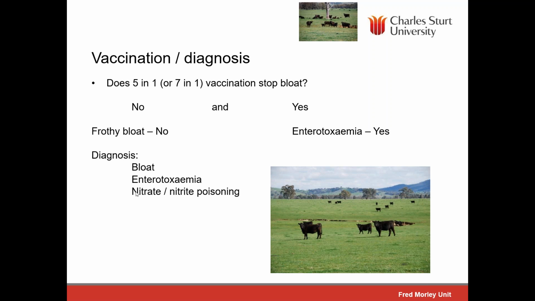And I mentioned in the case study the 3 things that we're really looking at, and obviously there's a whole host of different disease problems that could cause animals to die, but the typical ones we'd be seeing on the pastures where animals are dying from bloat will be bloat, enterotoxemia or pulpy kidney, and nitrite poisoning.